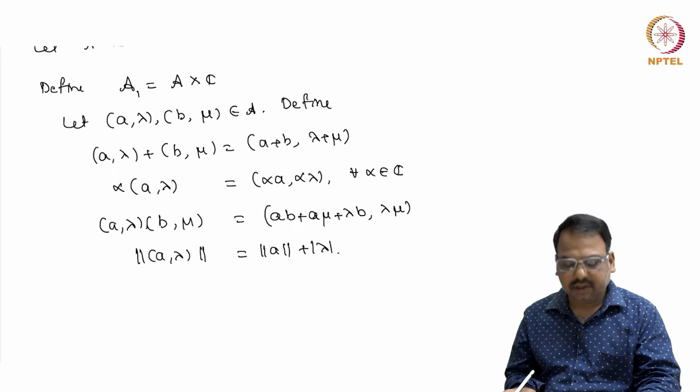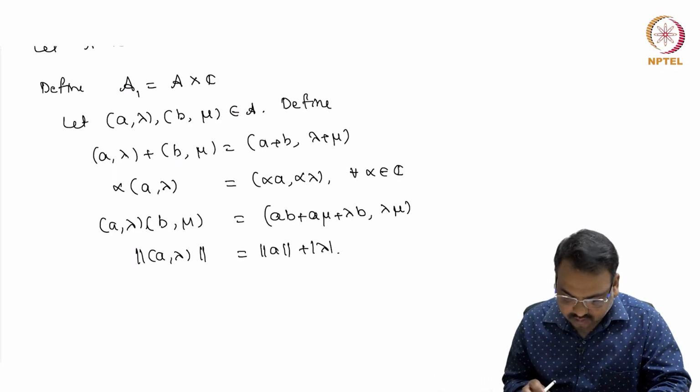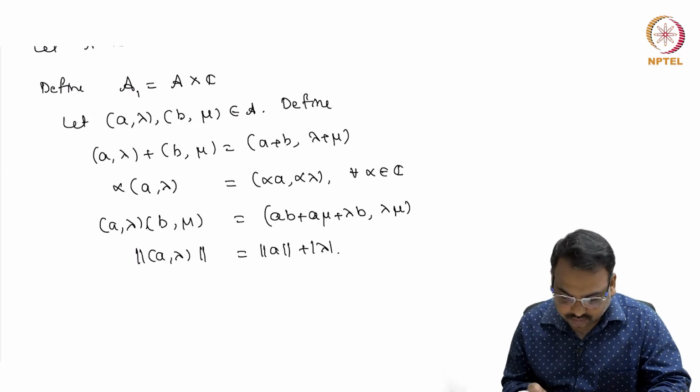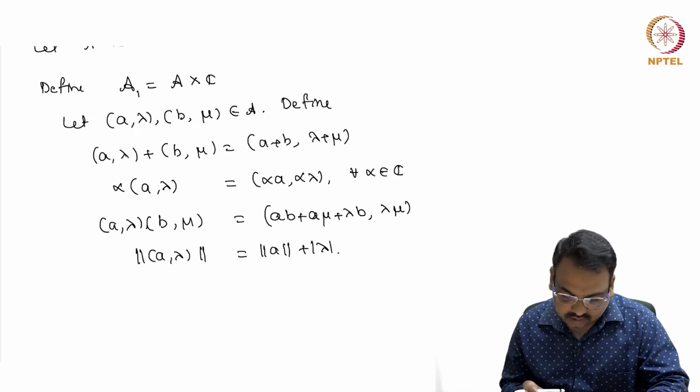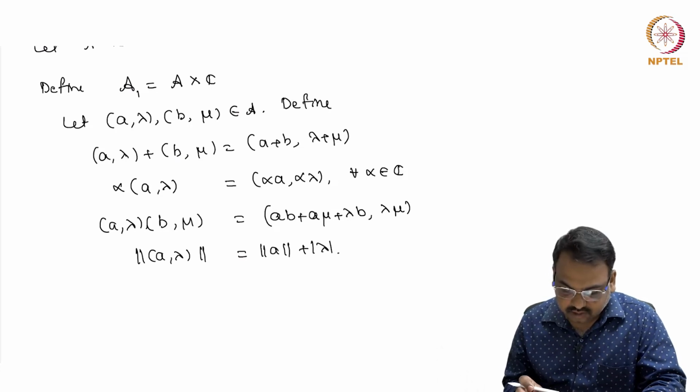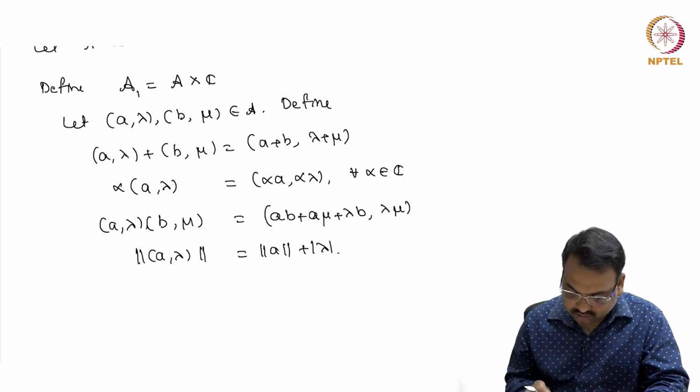Now with these operations we can check that this is an algebra, and in fact a normed algebra which is also complete. That means it is a Banach algebra because A is a Banach algebra.